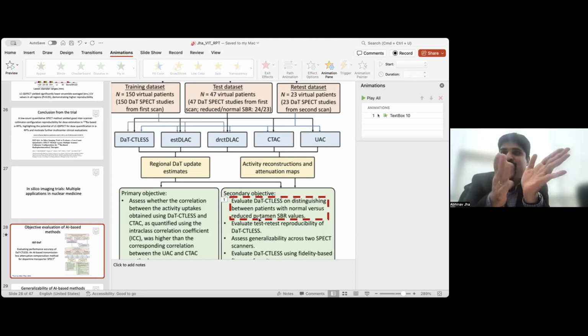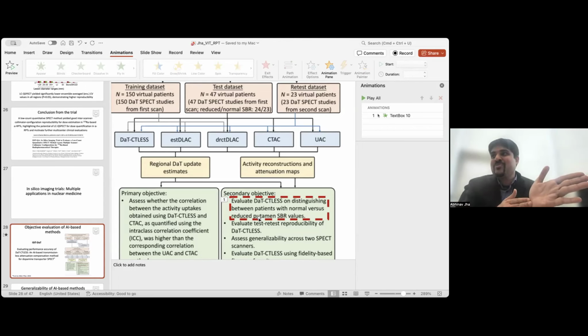And with that, you are able to ask the question, are patients being well separated or not? So we asked, if I don't use CT-based, but use our approach, which is CT-less, then how well can I distinguish these two patients? So asking the actual clinical question, not just the quantitative question, but the clinical question of whether you're able to separate patients based upon whether they have normal versus reduced striatal binding ratio.